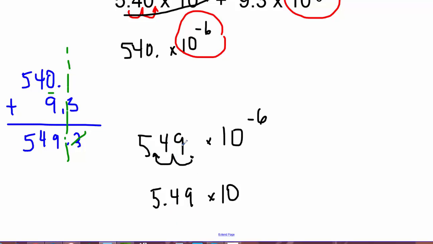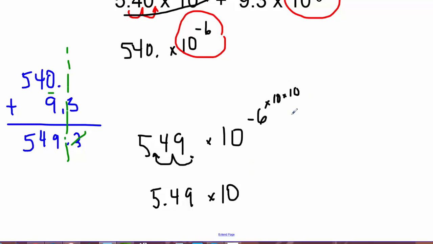So if we moved it over 2 places to the left, which is kind of like dividing by 100, we're going to make sure that we multiply by 100 over here. Or we multiply by 10 and then 10 again. So we moved it over 2 spaces to the left, and we need to make this bigger by the same amount. So we're going to raise this up by 2. It's the same as saying negative 6 plus 2.